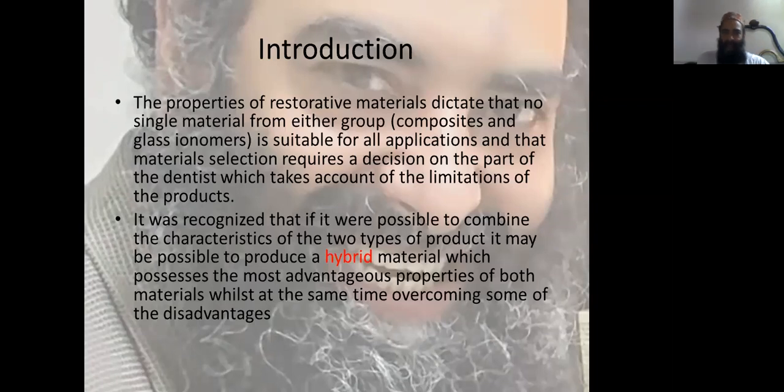If we have a look towards the properties of restorative materials, then it reveals that no single material from composites or glass ionomer is suitable for all applications.